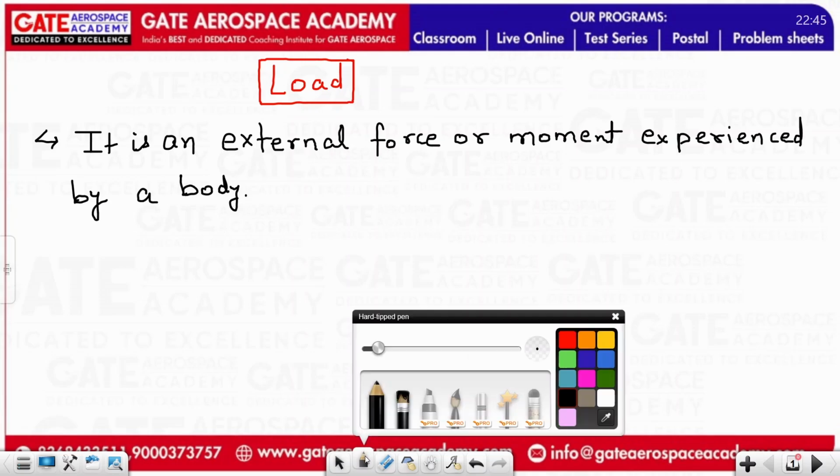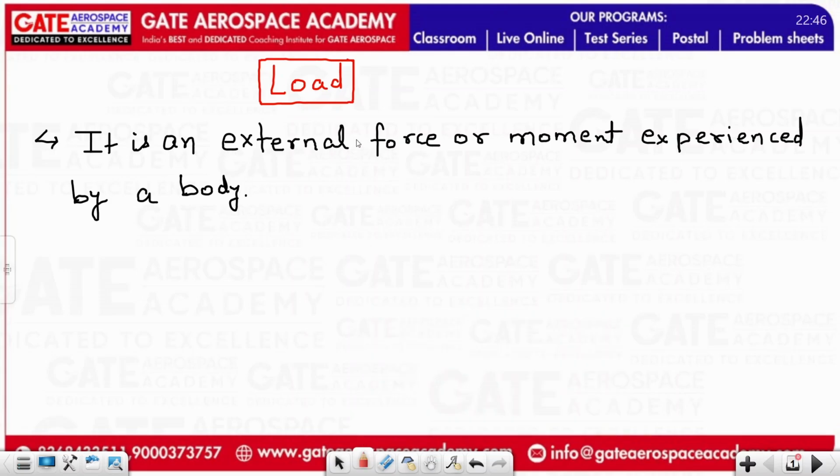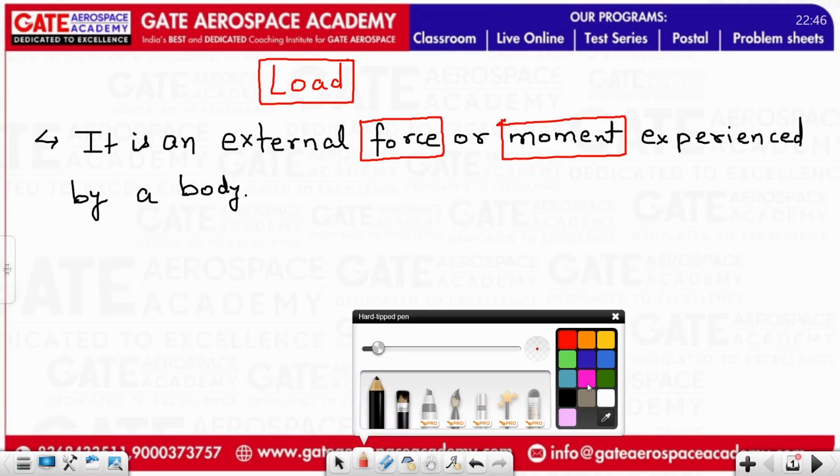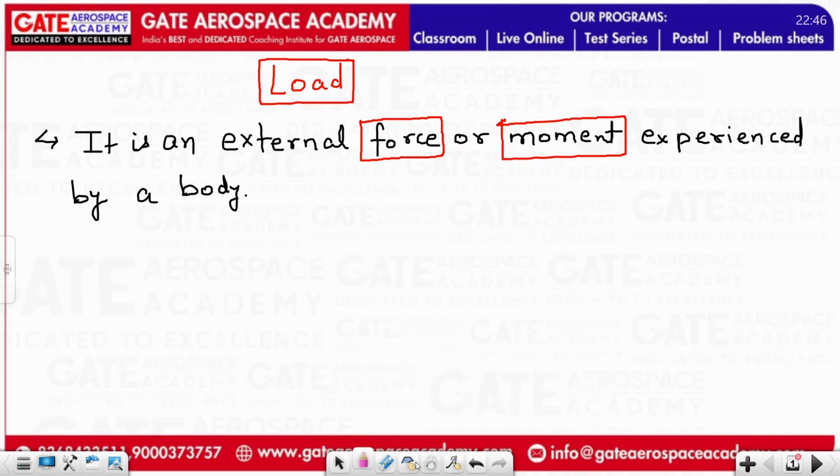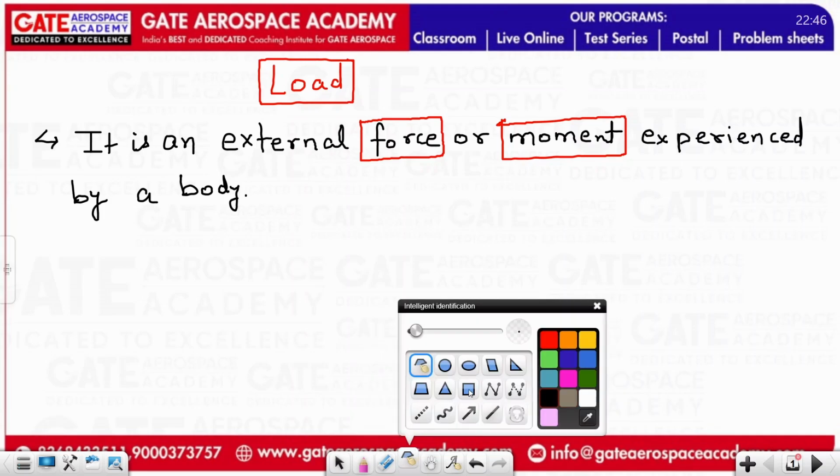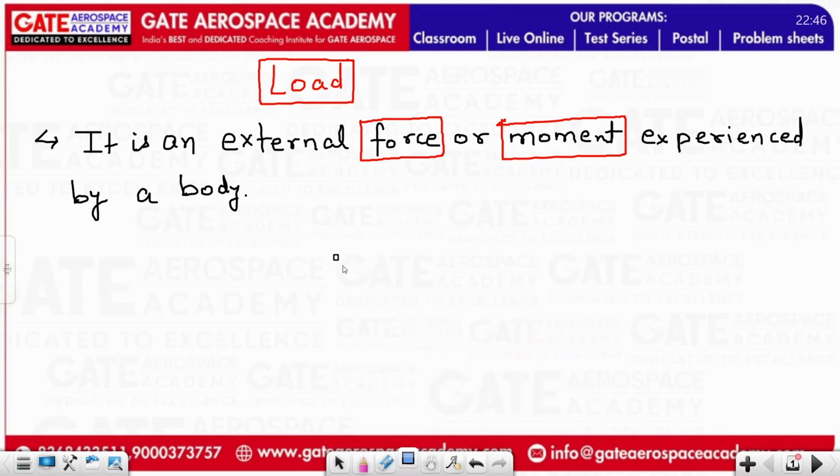So what does a load mean? A load basically means any externally applied force or a movement. It can be a bending movement or a twisting movement applied to the body. Suppose we have a particular body.